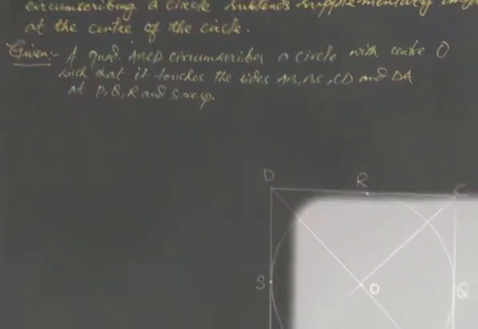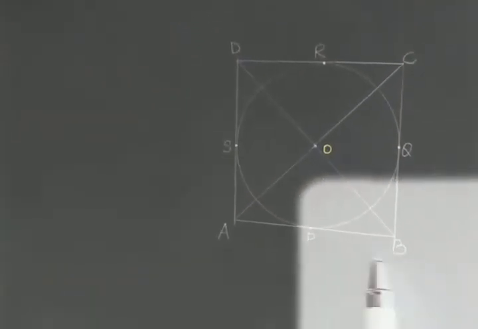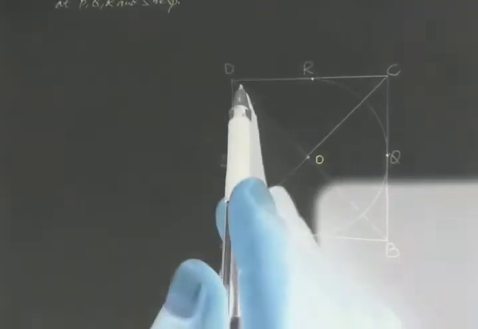That means the circle touches the side AB at P, BC at Q, CD at R, DA at S.